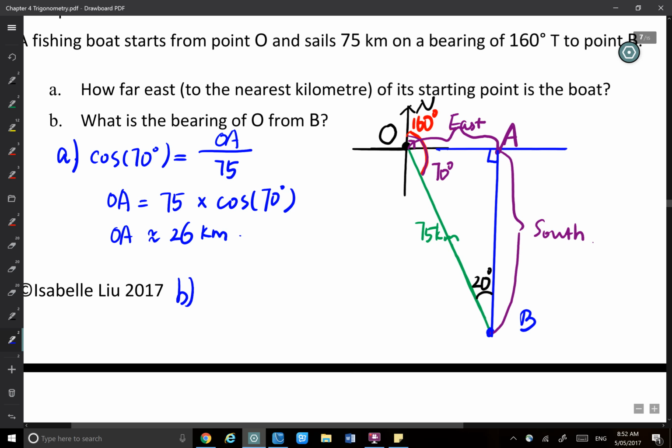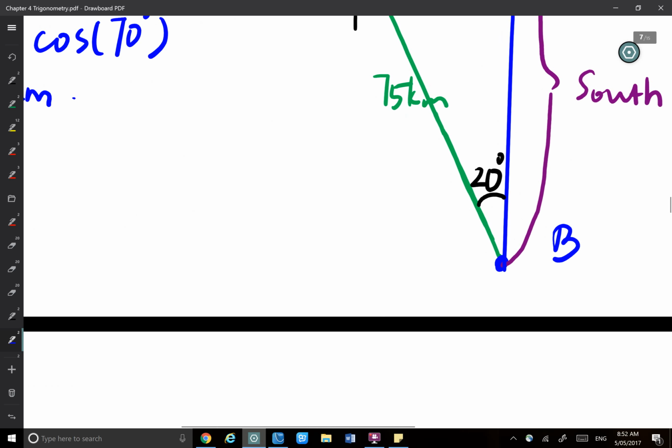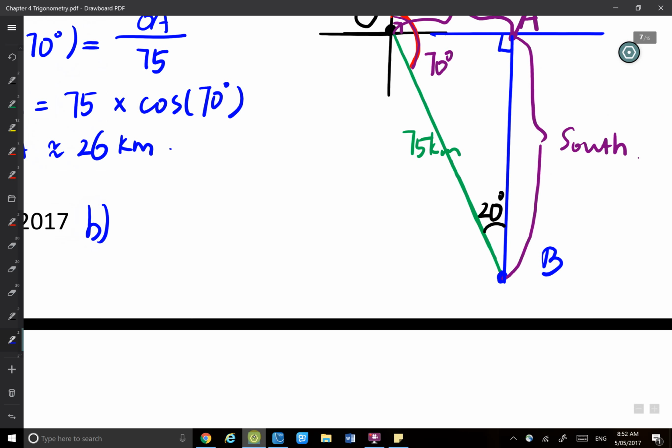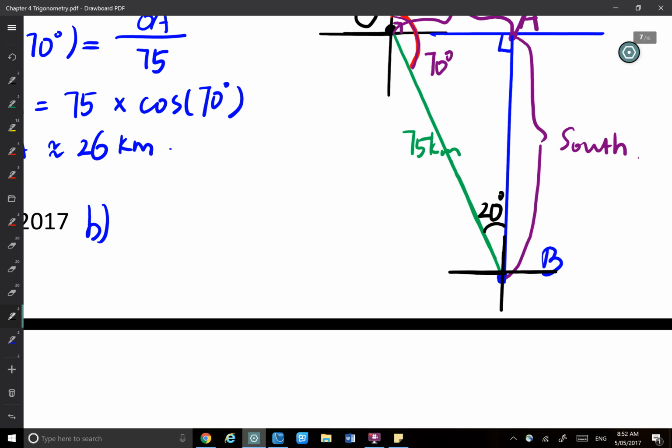Okay, what is the bearing of O from B? If it's from B, I need to sketch that from B first. Sketch the compass from B. You overlap this vertical line because that's a line facing north.